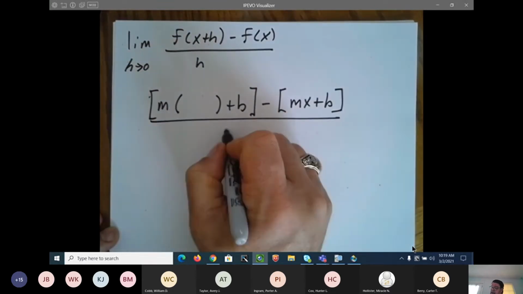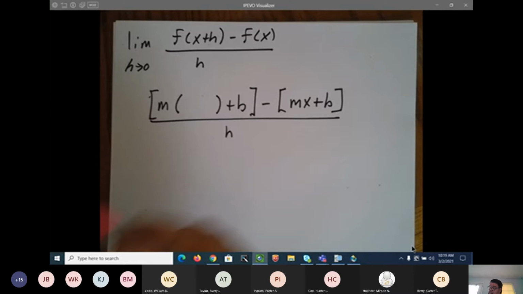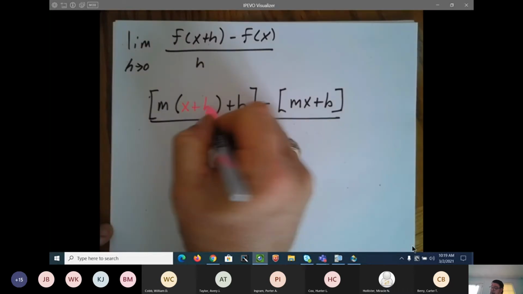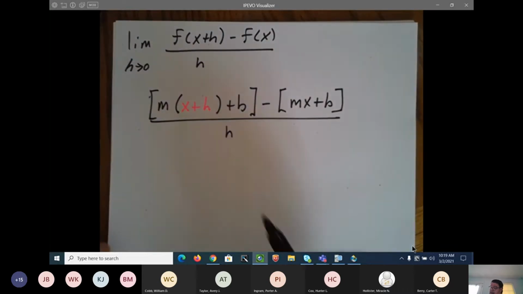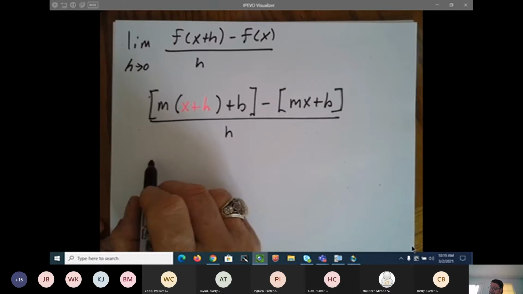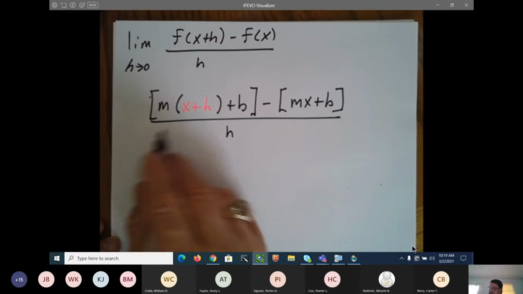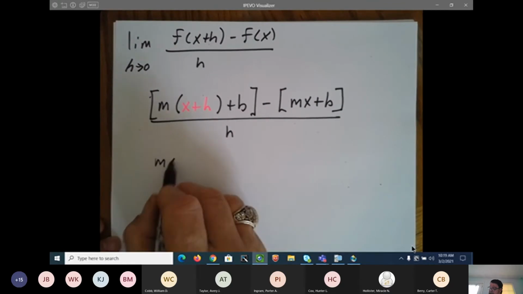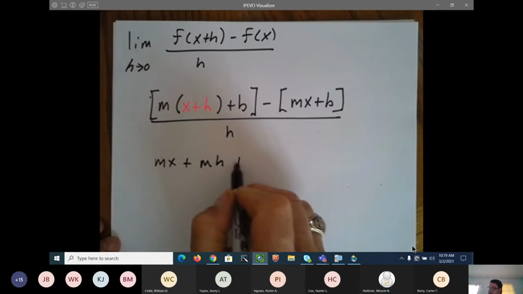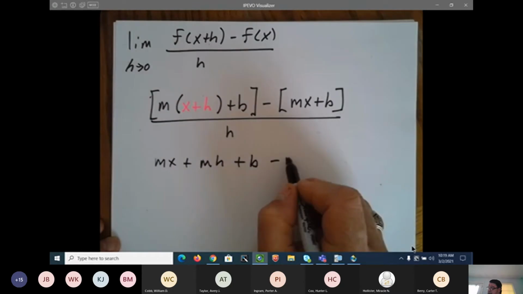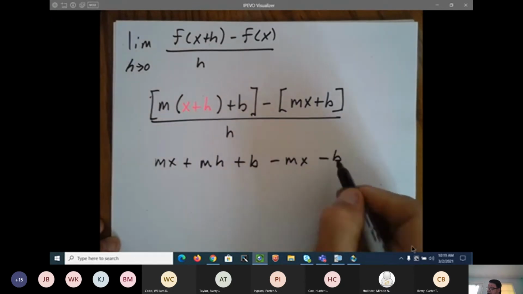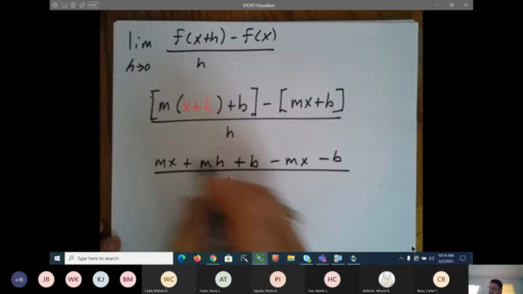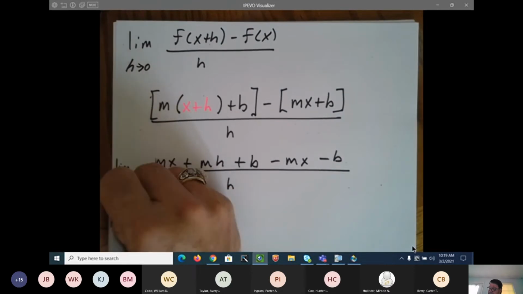I'm going to plug in x plus h, and that's going to give me mx plus mh plus b minus mx minus b over h, limit as h approaches 0.